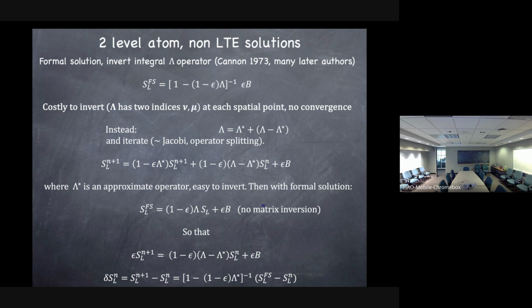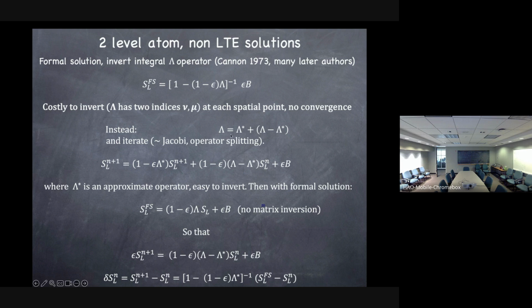Instead, what we're going to do is formally write a trick. The trick is to write lambda as some approximate thing plus the real deal minus the approximate thing. So we've done nothing. On the other hand, we look at the equation at the top, but instead of putting lambda, we put in a lambda star, and we split it up into two places, which is lambda minus lambda star, okay?